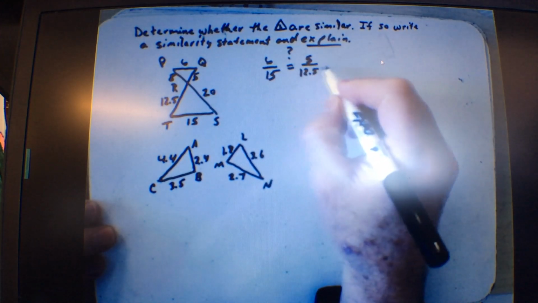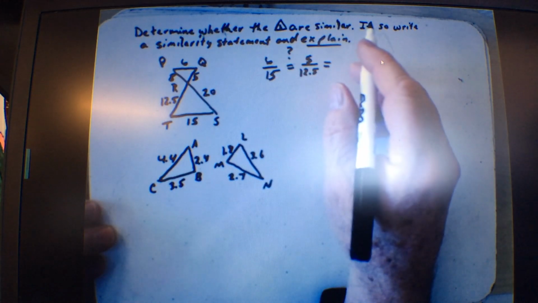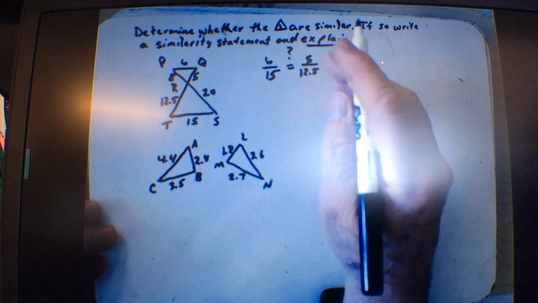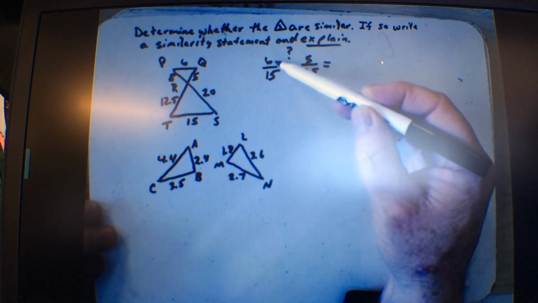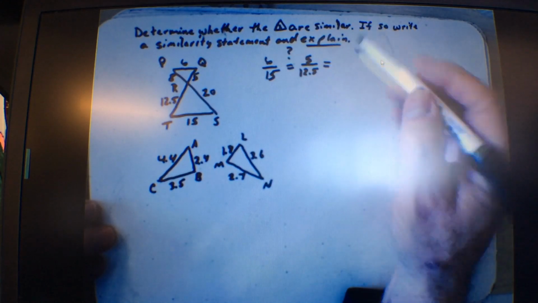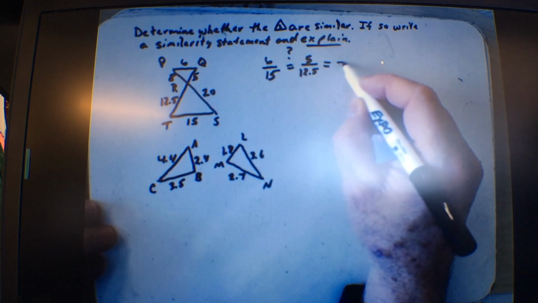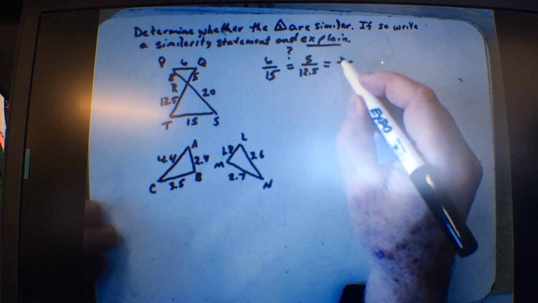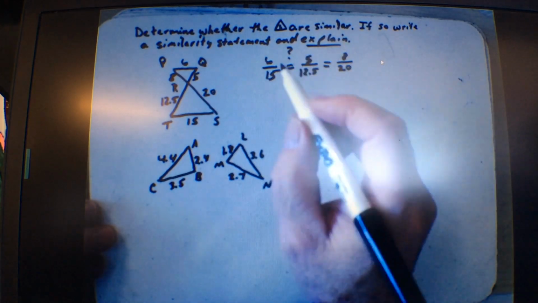How do you know this? Smallest to greatest. Or in this case, we're not actually going in any order. But notice that 6 is the middle number, so it goes with 15, the middle number. 5 goes with the smallest because they're both the smallest. And what would be the largest? What should be on top? 8 over 20.